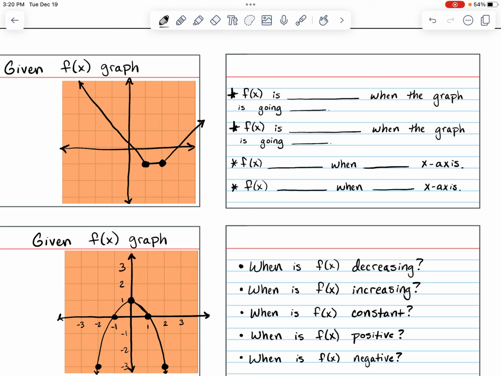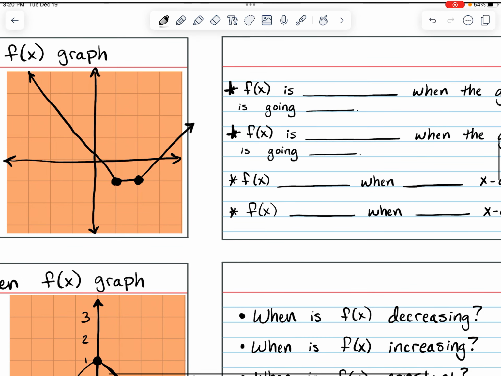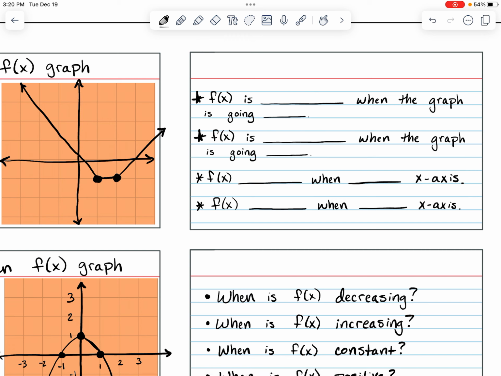Okay, now let's look at these other graphs and let's see what information we can get from these. So a little bit of vocabulary using this interval notation, we're going to talk about a few things. So we're going to say that f of x, or the graph, is decreasing. I'm going to do these in blue here. So f of x is decreasing when f of x is going down.